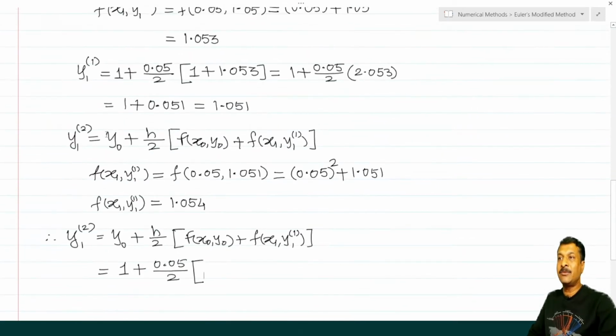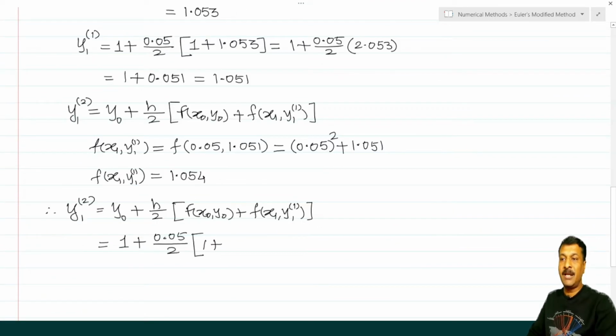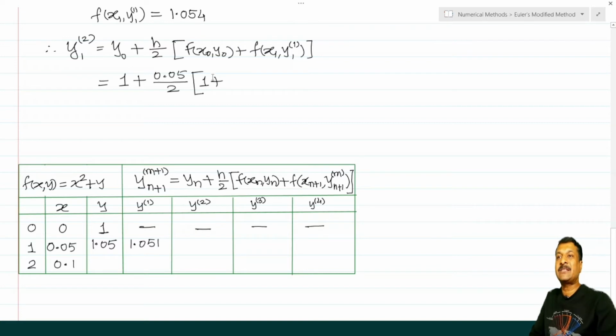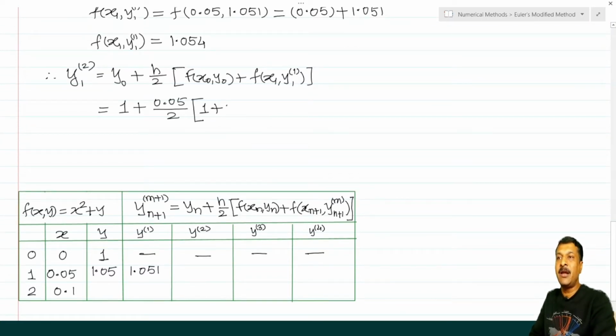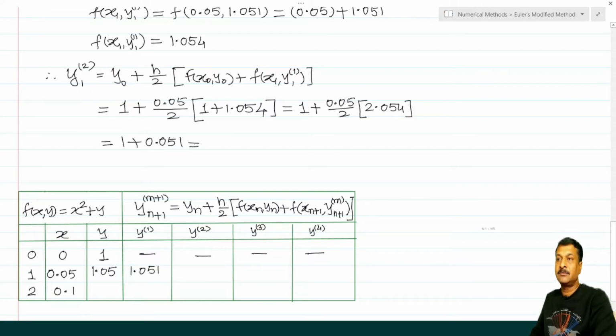We already have the value of f of x0 y0, here 1, plus f of x1 y1 with the recent value, it is nothing but 1.054. So directly you can write, but here I will solve stepwise. So 1 plus 0.05 by 2, and in bracket I am getting 2.054. So 1 plus 0.051. So that is equal to 1.051. So what is the new improved value of y?